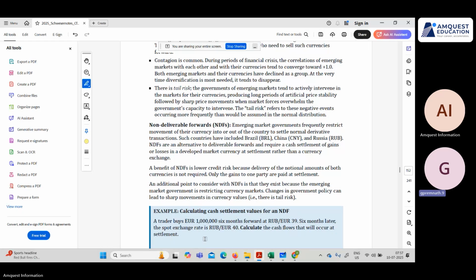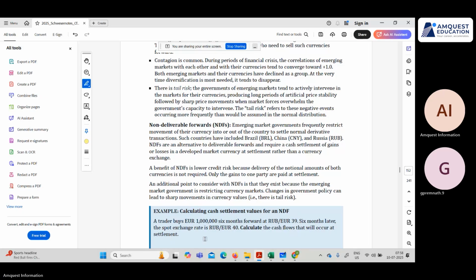The 1 million. It won't be converted into RUB at all. Correct, that is in euros. Correct. Okay. Profit and loss in an NDF will be settled in the major currency. I'm not sure on this. 40 minus 39 into 1, but that doesn't make sense.